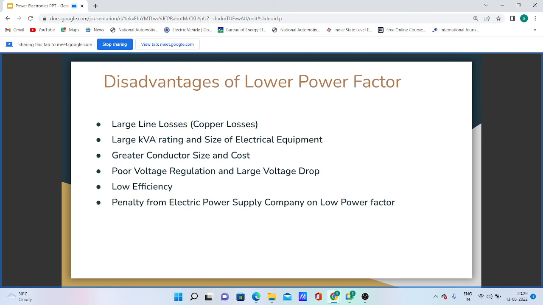The third one is a greater conductor size and cost. In this case, at low power factor the current increases, so to transmit the high current we need a large size of conductor. Also, the cost of a large conductor will increase.